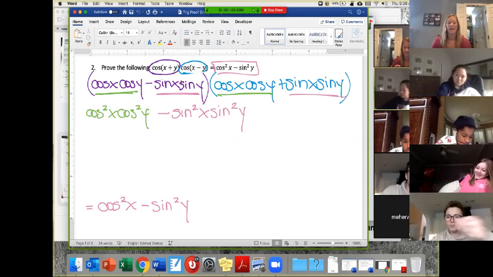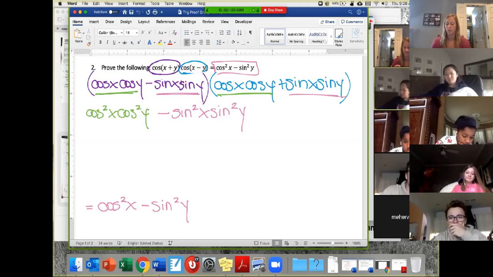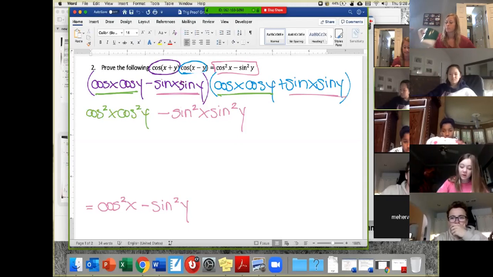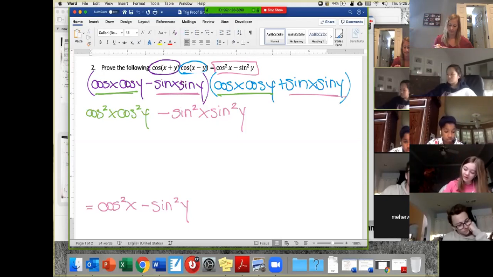All right. Any ideas as to where to go from here or just general thoughts? Could we use a Pythagorean identity? For the ones that it's not for, like cosine y and sine x? And that is a great thought right there.